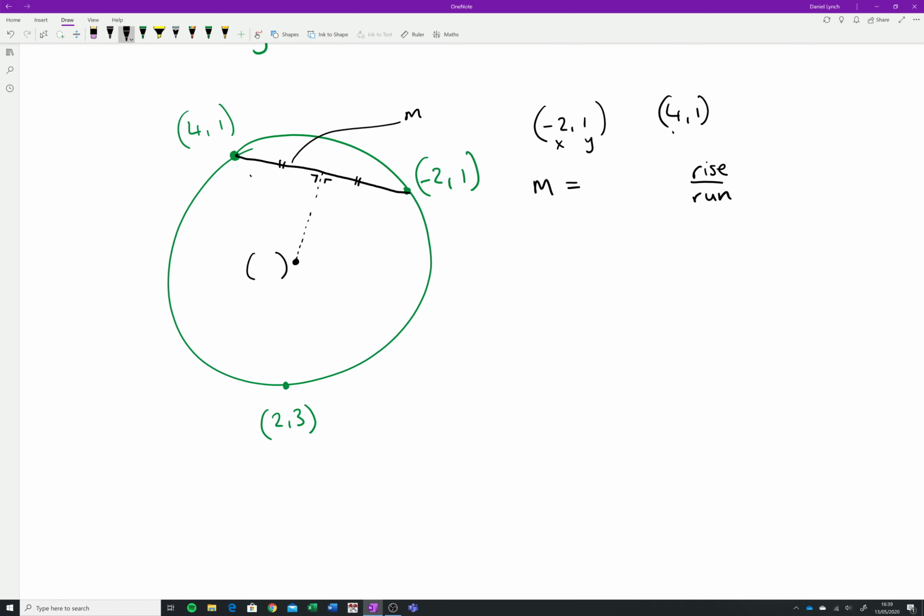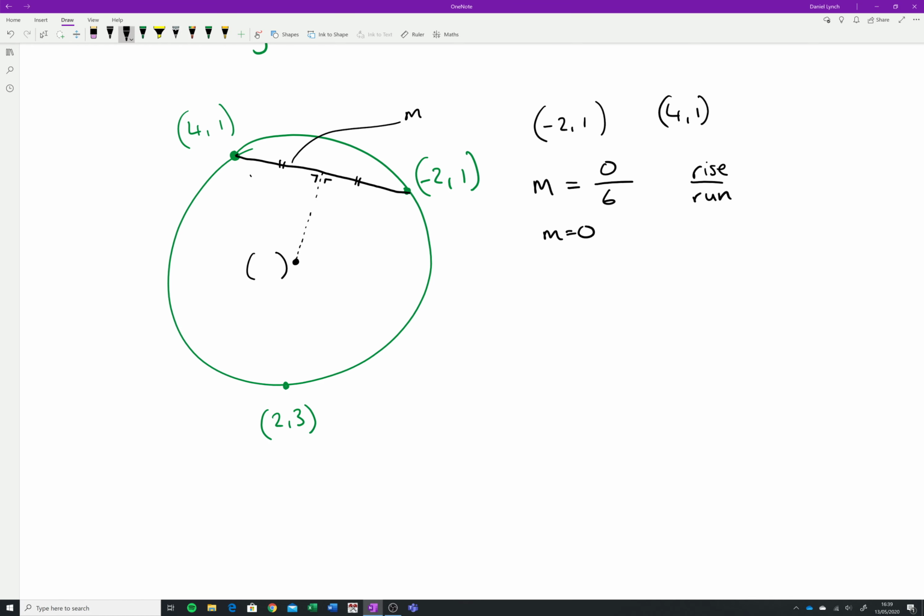So it's rise over run. So how much have you gone up? Well, what was the height? The height was 1 and is now 1. So your rise is 0. Okay, what's your run? How much have you moved over? Well, we went from -2 over to 4. We moved over 6. And actually 0 divided by 6 is just 0. So it has a slope of 0.